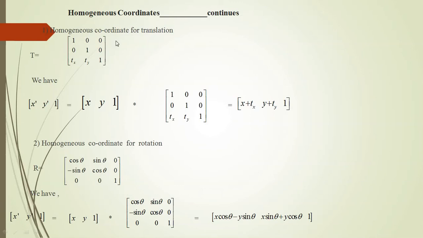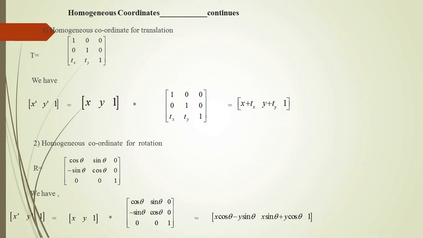First is the homogeneous coordinate for translation. The translation matrix T is equal to 1 0 0, 0 1 0, Tx Ty 1. Here the identity matrix is used and the Tx and Ty factors are added in the identity matrix.